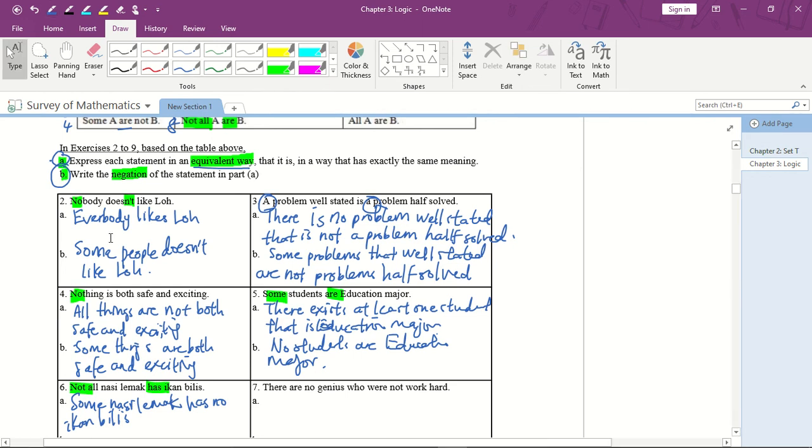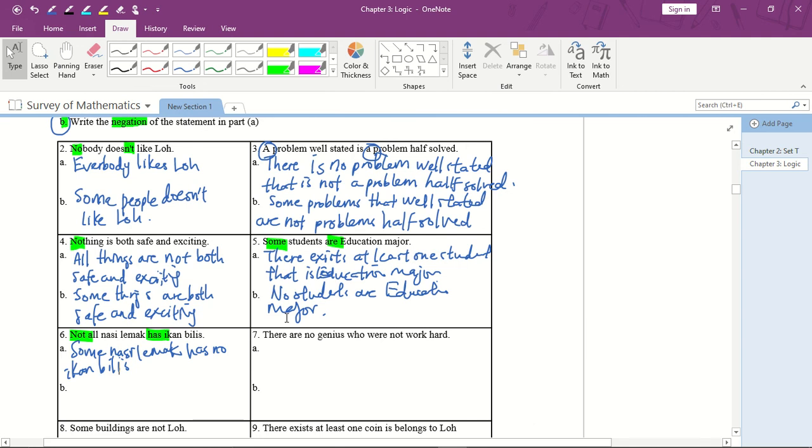And we know that if this is the equivalent way, this will be the negation, or A are B. So here it is: all nasi lemak has ikan bilis. Okay, so it's kind of easy.